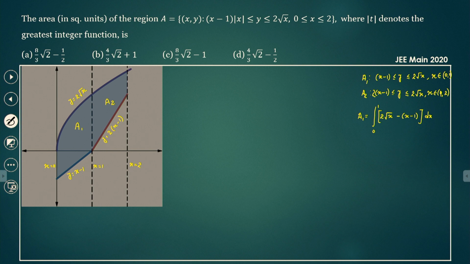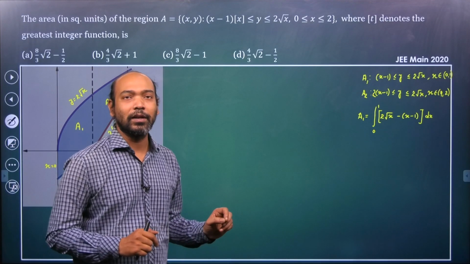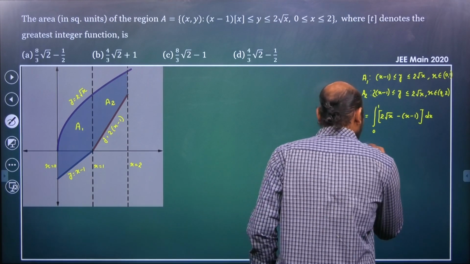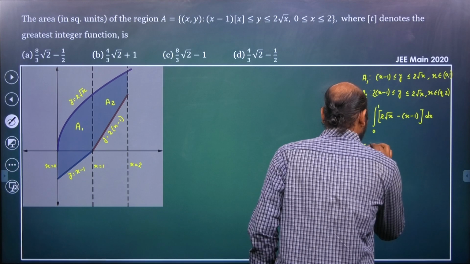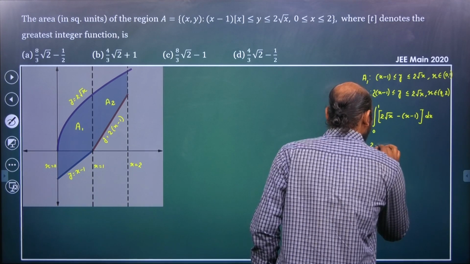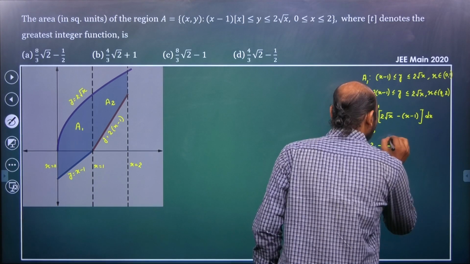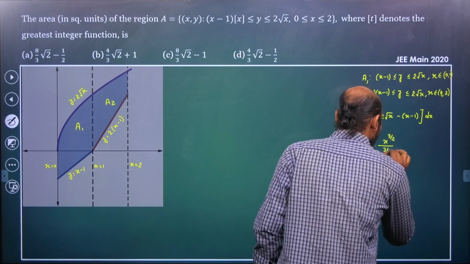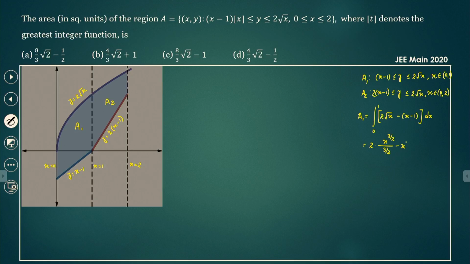Now our job is to find this definite integral. It is a very easy definite integral, so let's apply the formula. It gives 2 x to the power 3 by 2 divided by 3 by 2, minus x squared divided by 2, plus x, from 0 to 1. The 0 limit becomes meaningless.